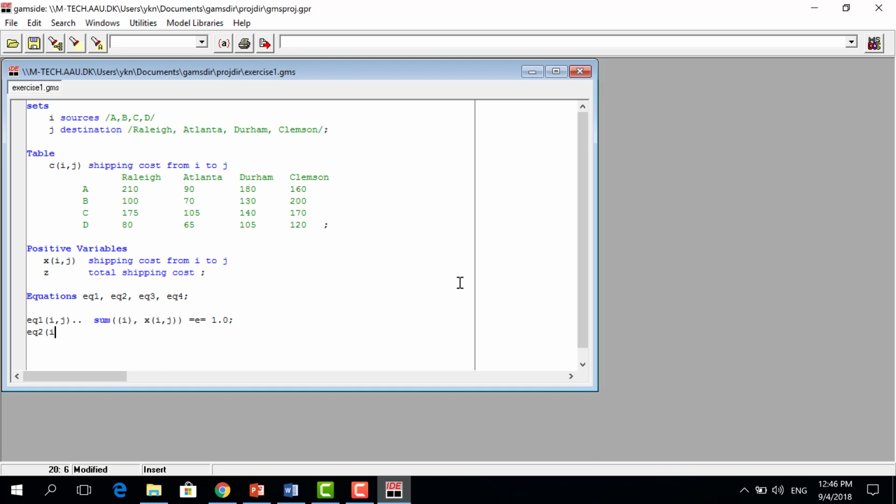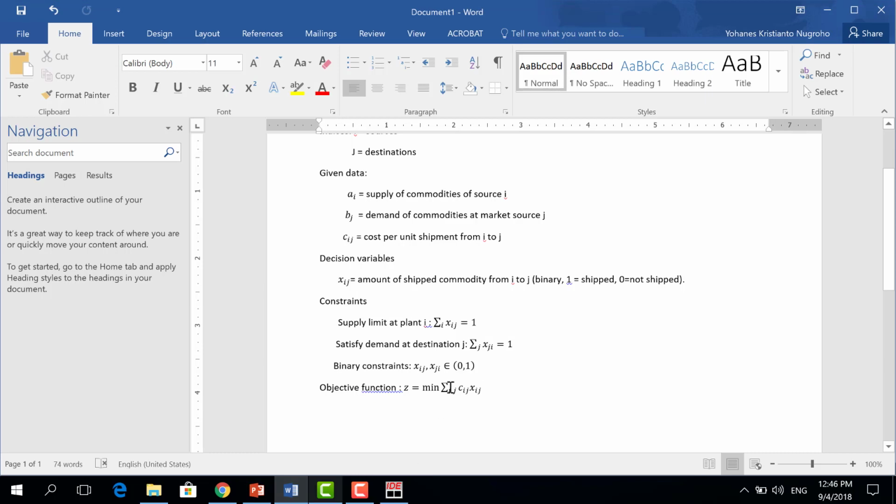Now we can also put I comma j here, dot dot, with the same procedure, but here you have to mention it is j, not I anymore, because you have sigma over j.